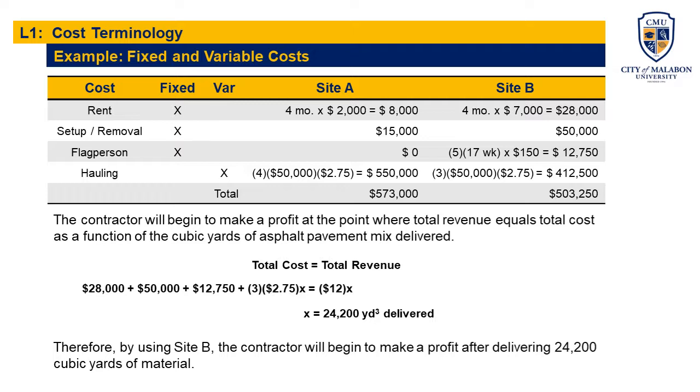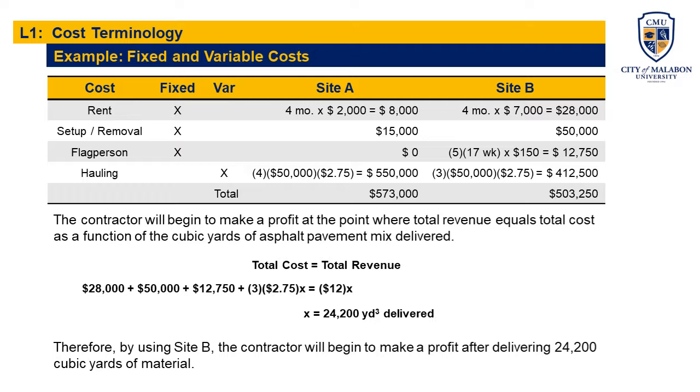Meanwhile, holding expense is a variable cost in this particular problem. So in this case, site A, which is 4 miles of distance compared to 3 miles of distance in site B, will have an expense of $550,000.